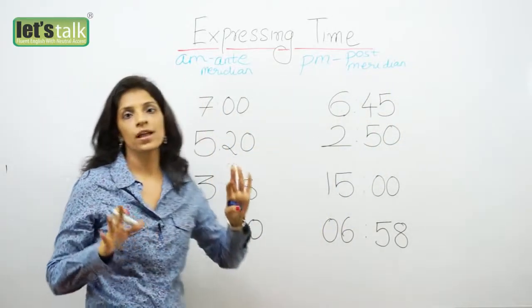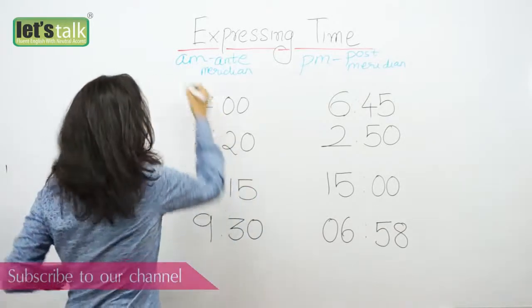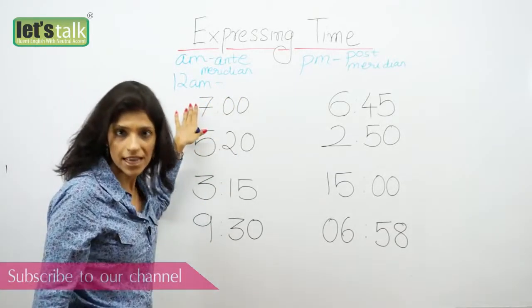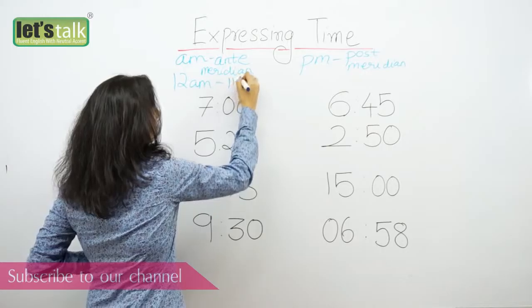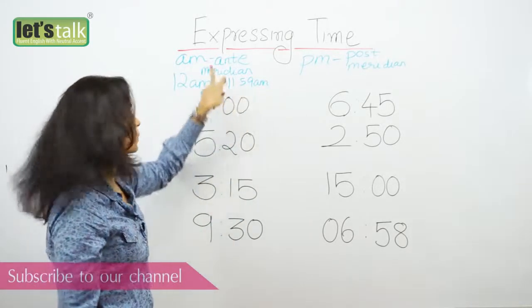So when it's 12 AM, or rather should I say it's 12 midnight, we always say 12 AM, right? So the time from 12 AM to 11:59 in the morning is always AM.